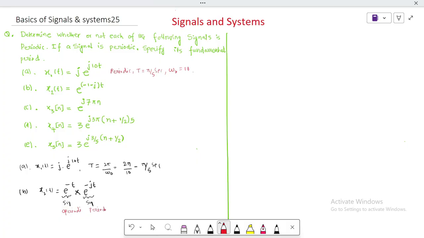Complex exponential signals are all periodic, but periodic multiplied by non-periodic goes to aperiodic. So this is aperiodic, and for an aperiodic signal there is no time period.